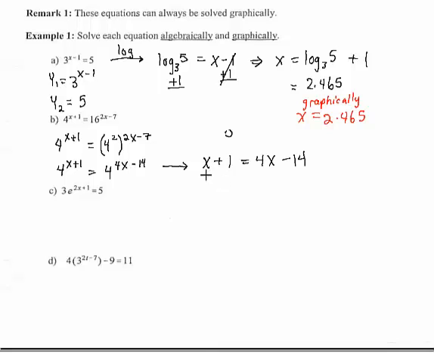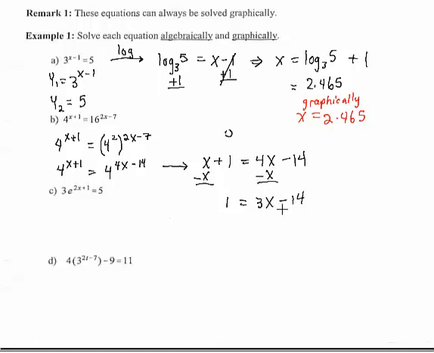Okay, so we just set the exponents equal and get an alternate version of the equation. And this is an intro algebra level equation at this point. We just want to get the variable by itself, so I could subtract x from both sides. I'd be left with 1 equals 3x minus 14.